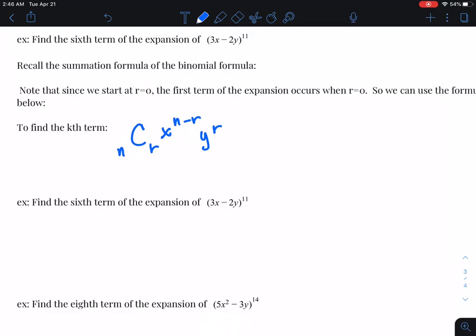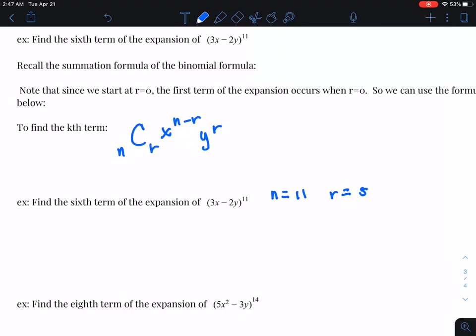So here, our n is going to equal 11. Okay, our r is going to equal 5.